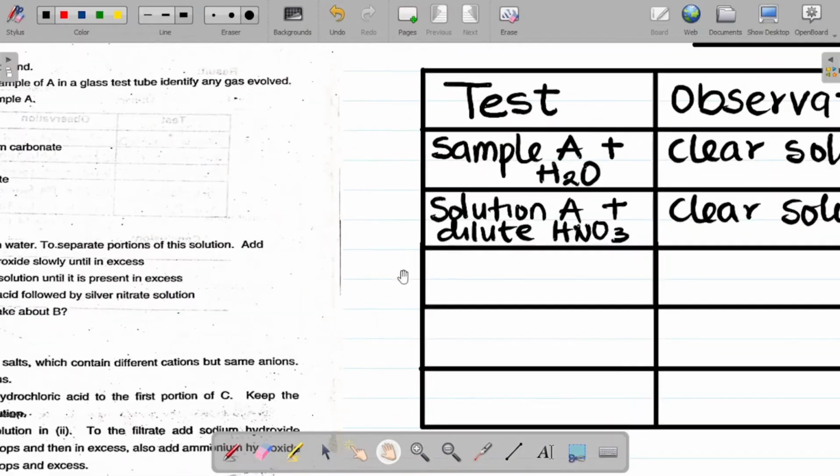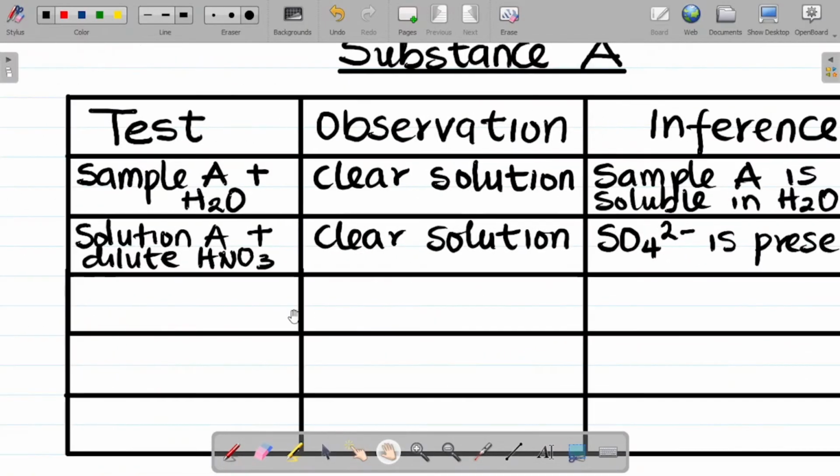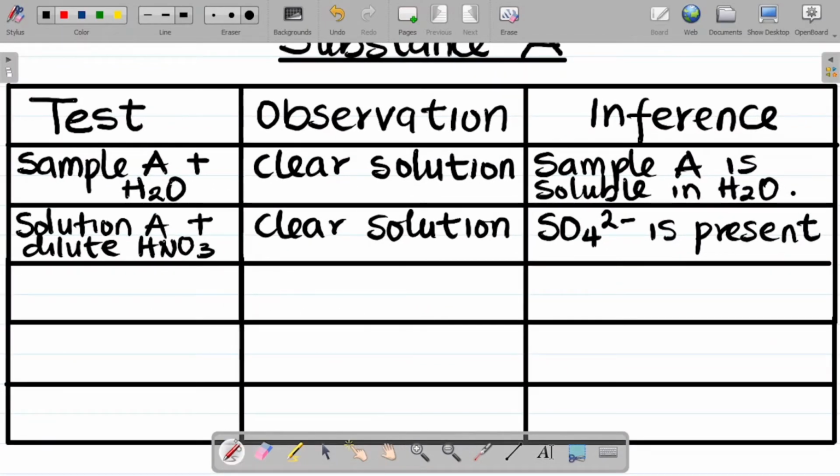So it becomes solution A plus dilute sodium hydroxide, since sodium carbonate was not available.